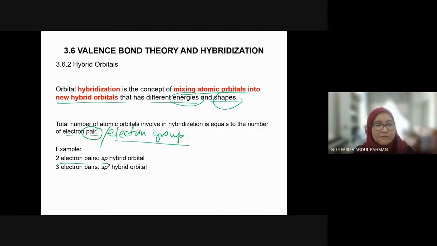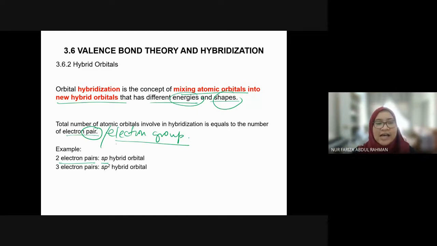And for the D orbital, we do not cover it for double bond and triple bond. We just cover it very straightforwardly: when they overlap, what is the shape of the geometry formed, and how do we draw the orbitals. It's okay, that's for later.